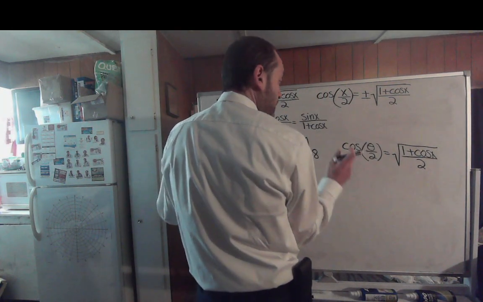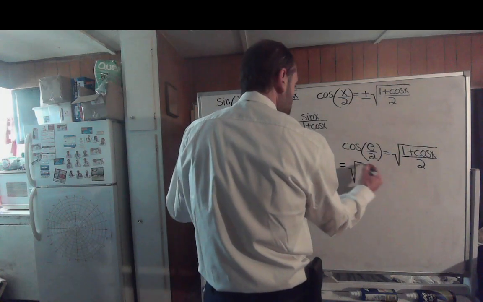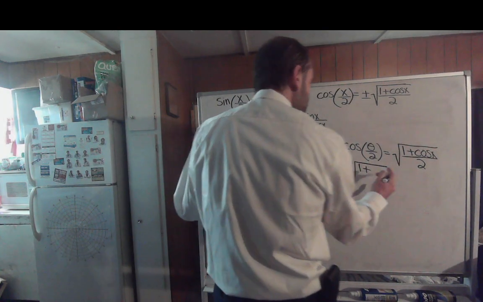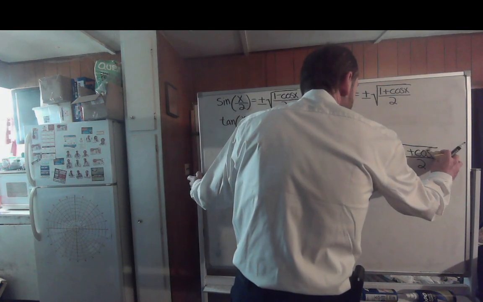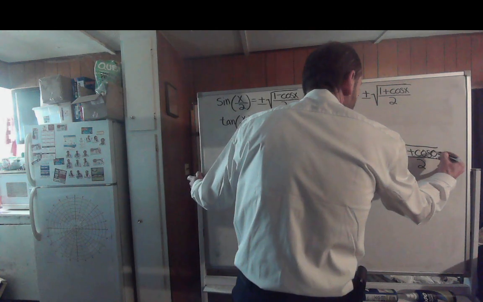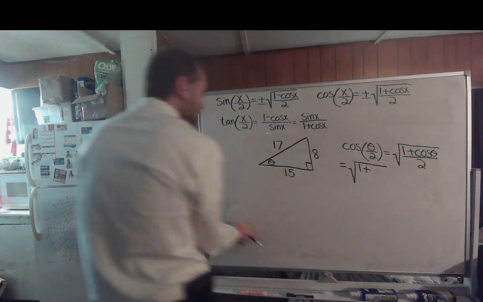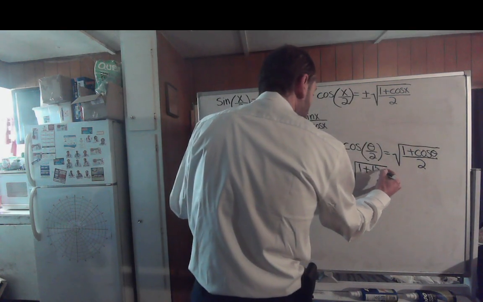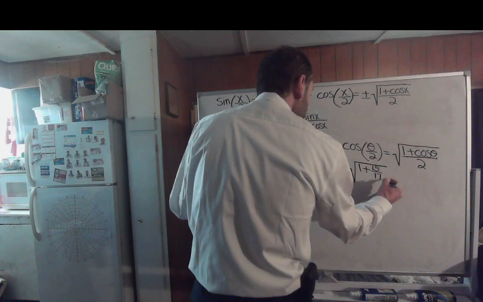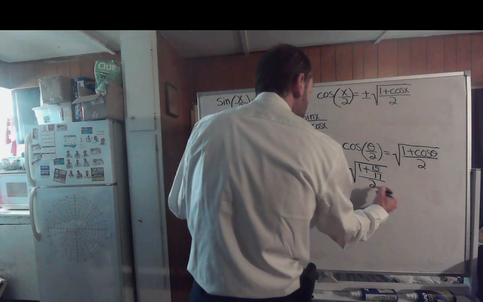Alright, so let's take the square root. 1 plus the cosine of theta. I should probably name that theta instead of x, but it works the same way. The cosine of theta is 15 over 17. So you'd have the square root of (1 plus 15/17), all that divided by 2.